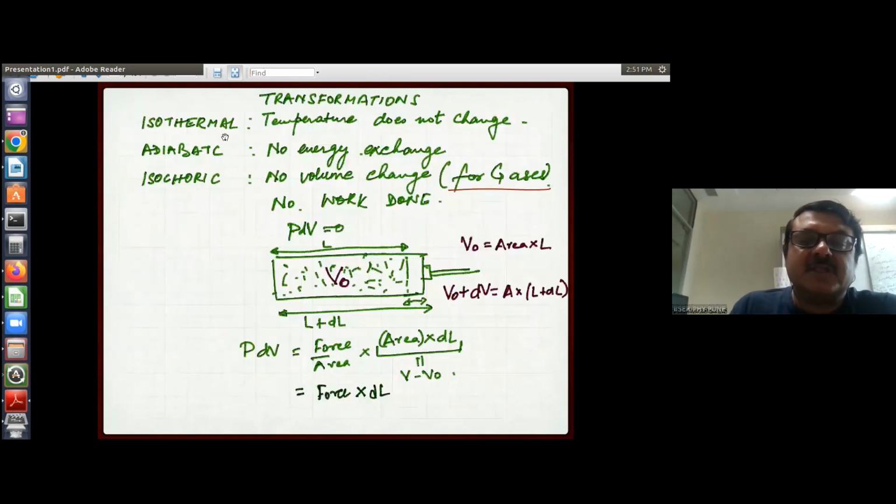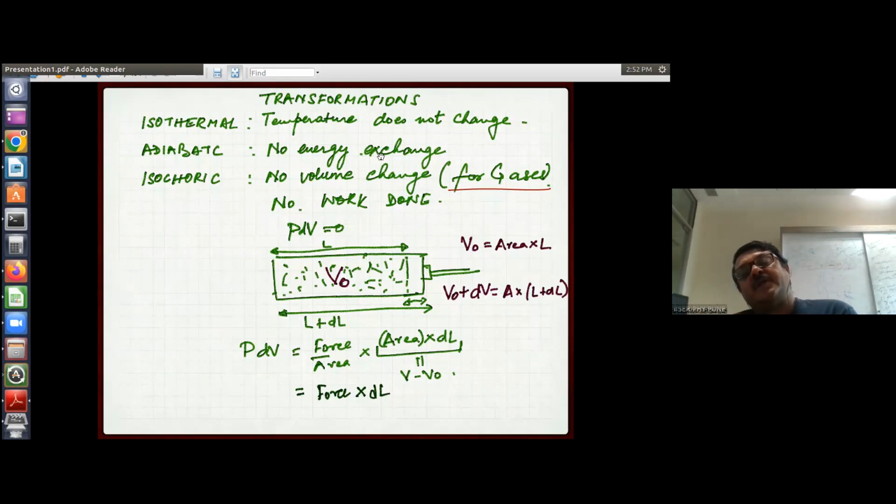So isothermal changes are those where the temperature of the system doesn't change, only pressure and volume change. Adiabatic are where there's no energy exchange with the environment, that is, the total energy of the system remains fixed. And isochoric is no volume change for gases. For gases, if there's no volume change, there is basically no F dot dx.